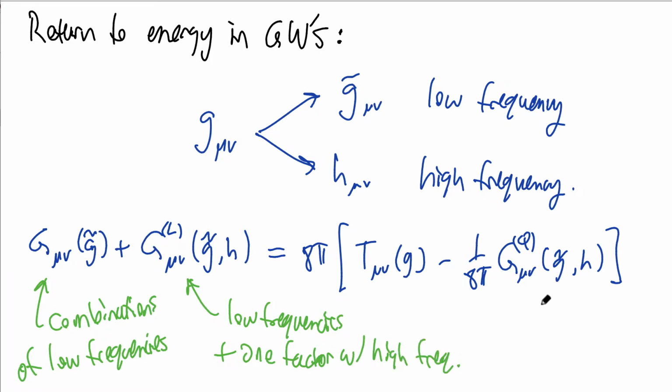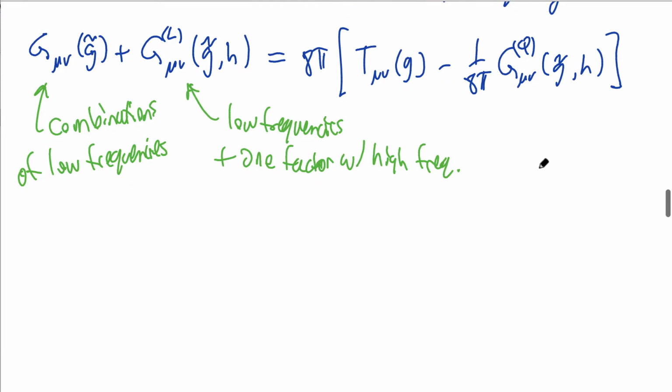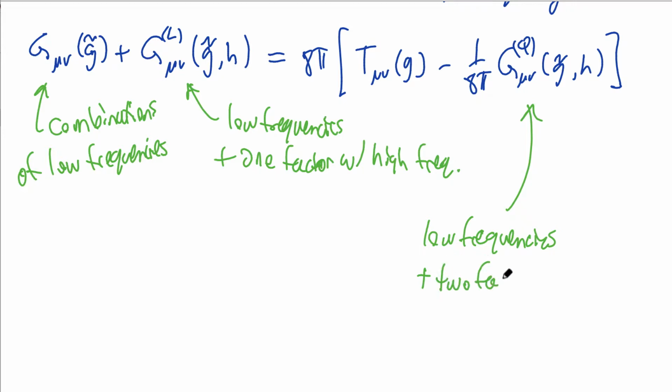And now GQ, because it's quadratic in H, it contains low frequencies from G tilde plus two factors in each term with high frequency. So what happens when we take nonlinear combinations of factors with different frequencies?